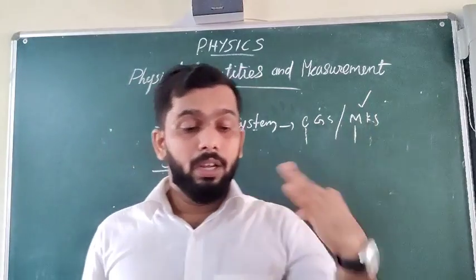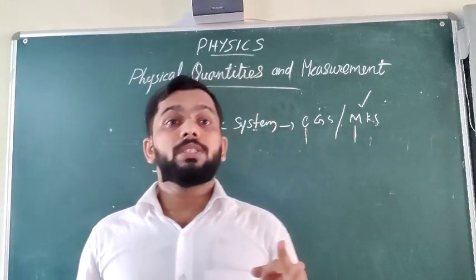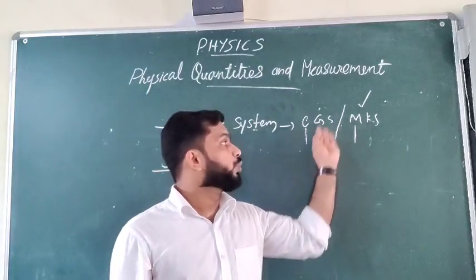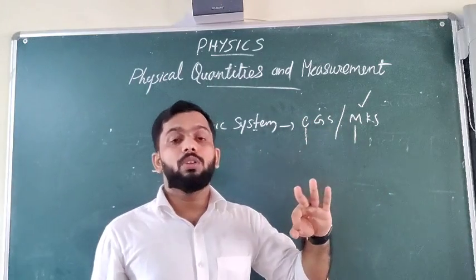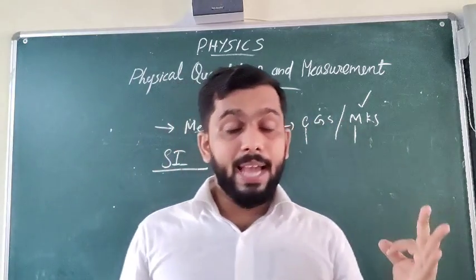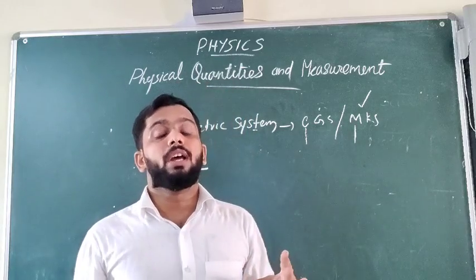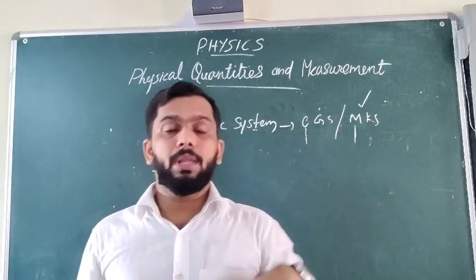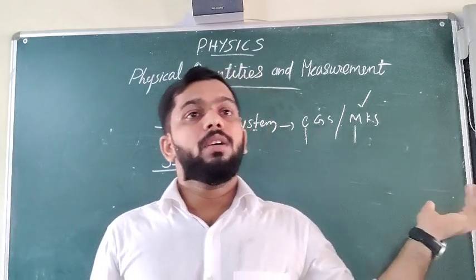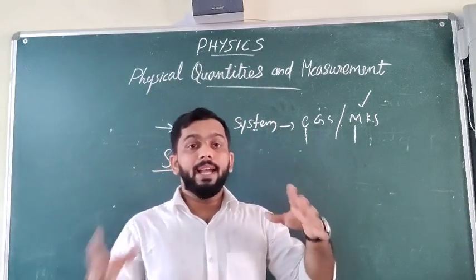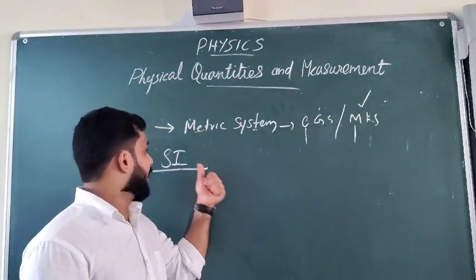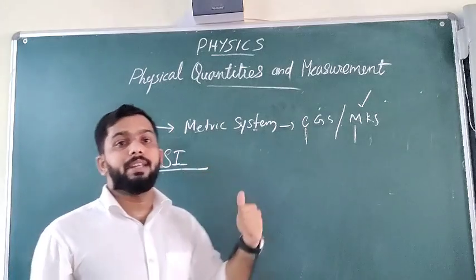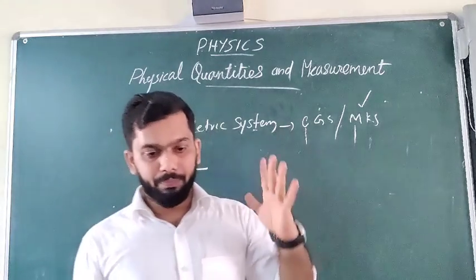Then a doubt was raised because of the usage of these two systems together. In order to overcome that, in 1960 at Paris, there was a conference where scientists participated from different places of the earth, and they developed the SI system, or standard international system.